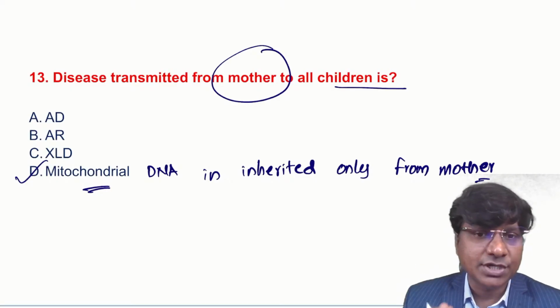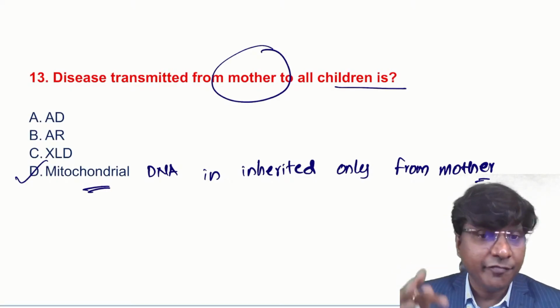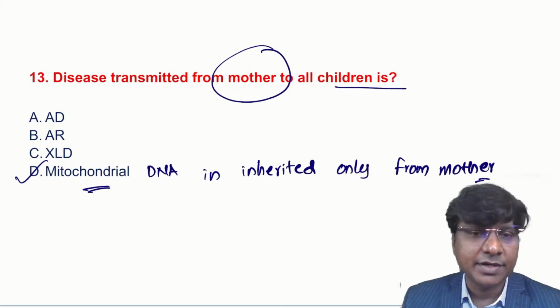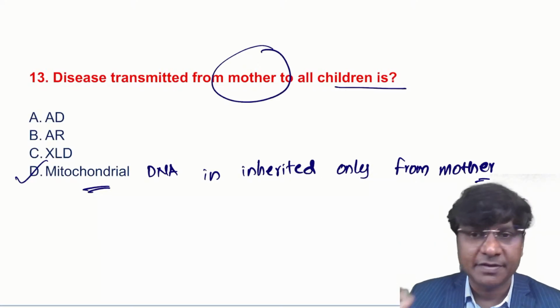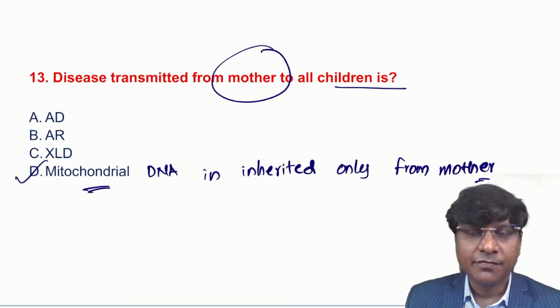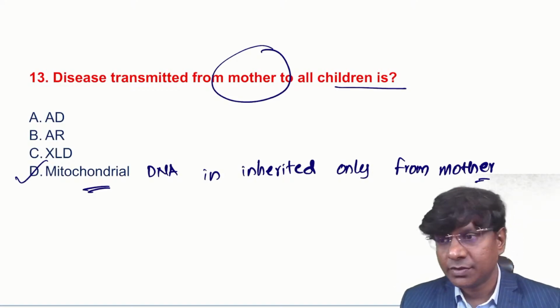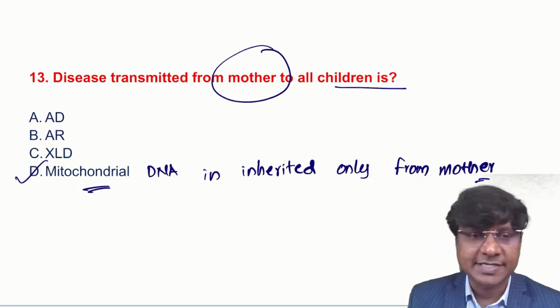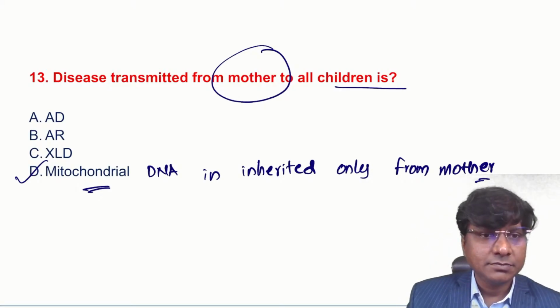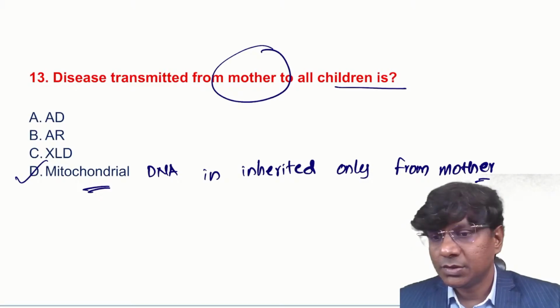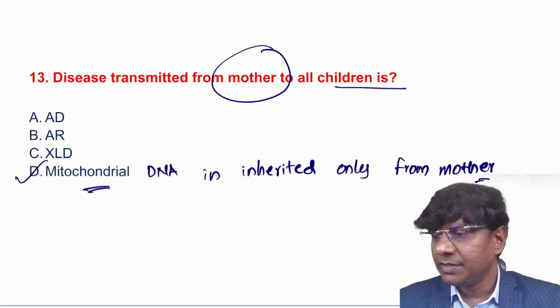So all children inherit the defect from the mother only. The mitochondrial disorder will be inherited only from the mother, not from the father. Fathers don't transmit the mitochondria to the children. Okay. Sujay Singh, did you understand that? Right. Okay, we'll move on to the next question.